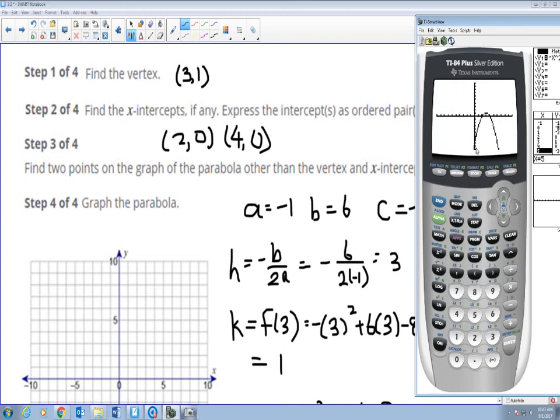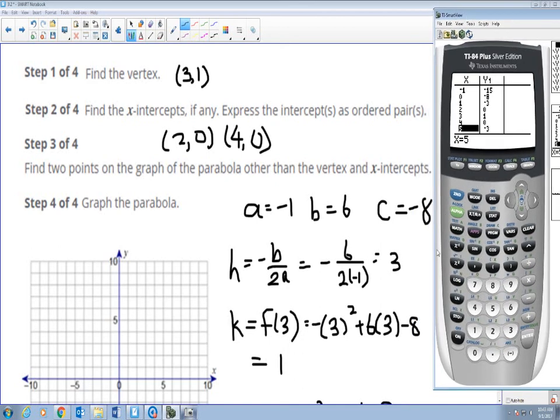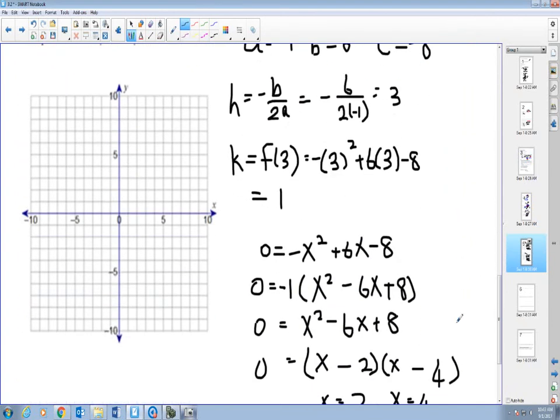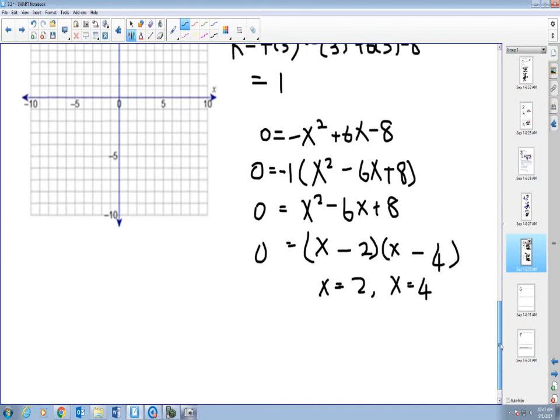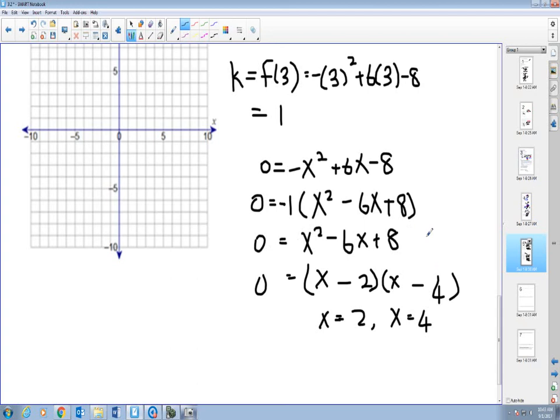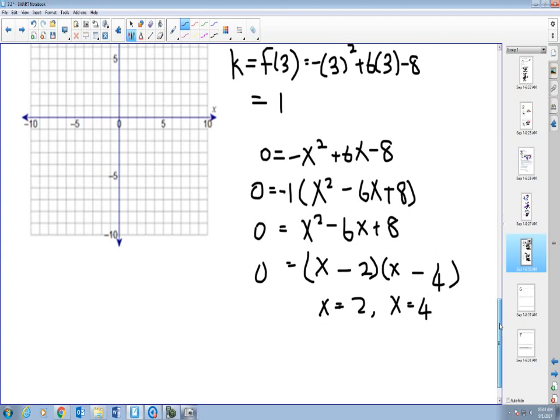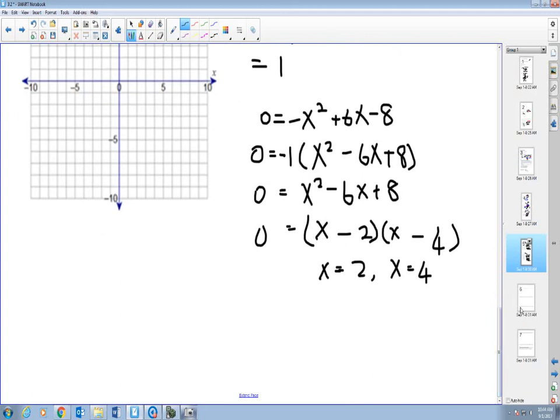If you do see the graph cross over the x-axis where you do have an x-intercept, but when you come to the table you don't see any x value matching up with a 0 for y, that tells you right away your x-intercept could be a fraction, some sort of rational number. That's probably a better wording for it. Or we might have to solve it by factoring or by using the quadratic formula. Okay, just in case you run into it.